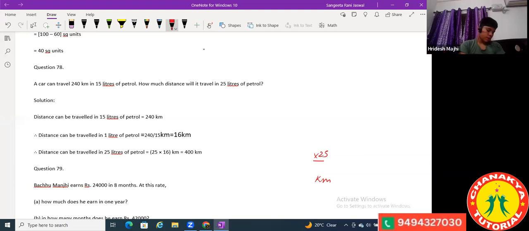375 divided by 2. 2 ones are 2, which is 1. Again we add 7. 2 ones are 2, 6 are 18, 6 2 are 12. 7 2 are 14. 2 8 are 16. 9 2 are 18.